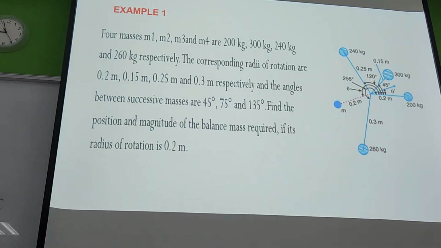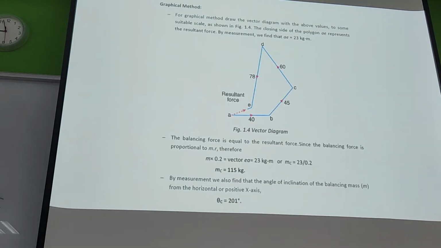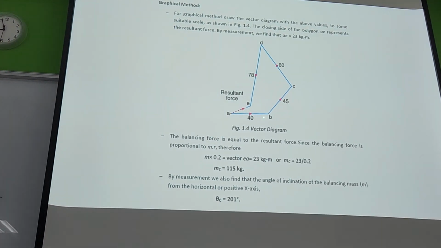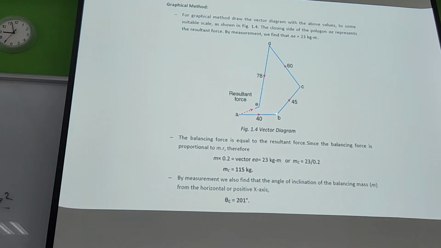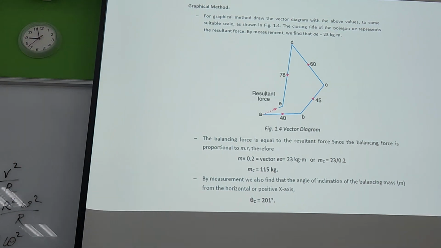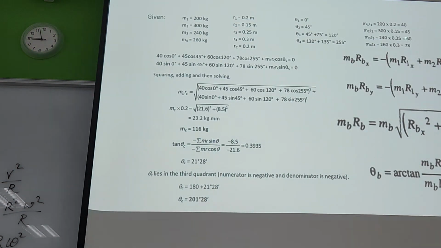Now you need to add up all the forces. Okay, so from the tip of this 40 units you have drawn, right? Now from here at 45 degrees, you draw the force acting on M2. So you can see the magnitude of the force M2R2 is 45.